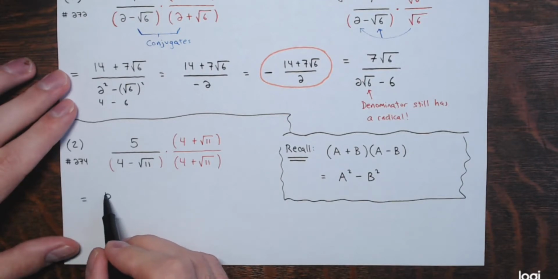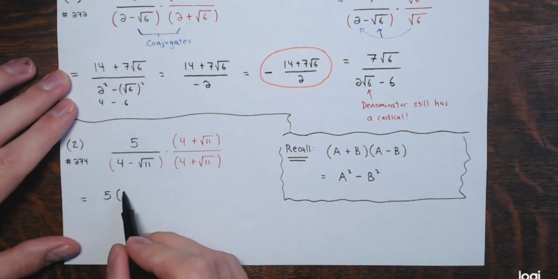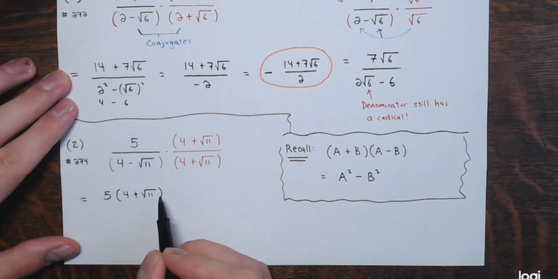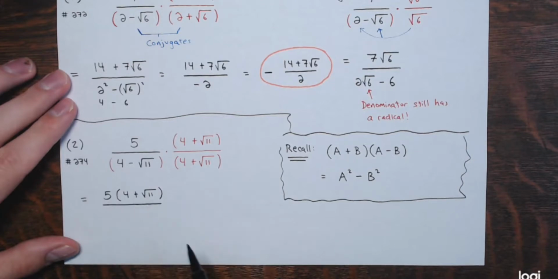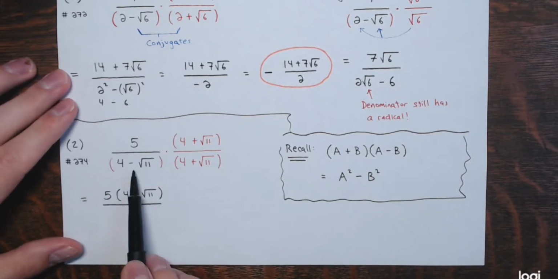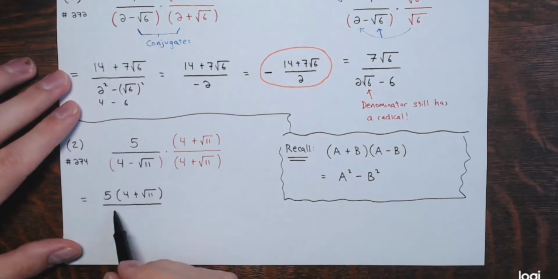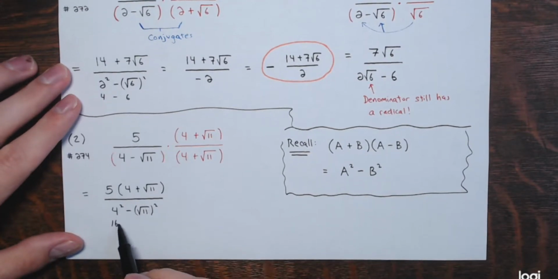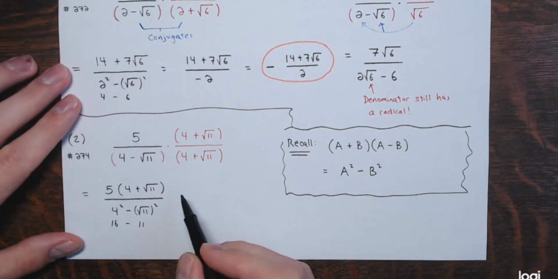So we have 5 times the quantity 4 plus the square root of 11 in the numerator, and then these conjugates down here, we'd end up with 4 squared minus the square root of 11 squared, which is 16 minus 11. So that's 5.